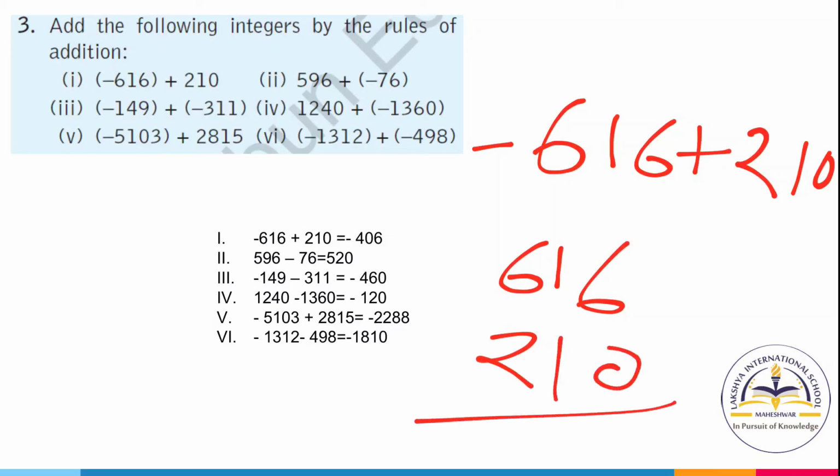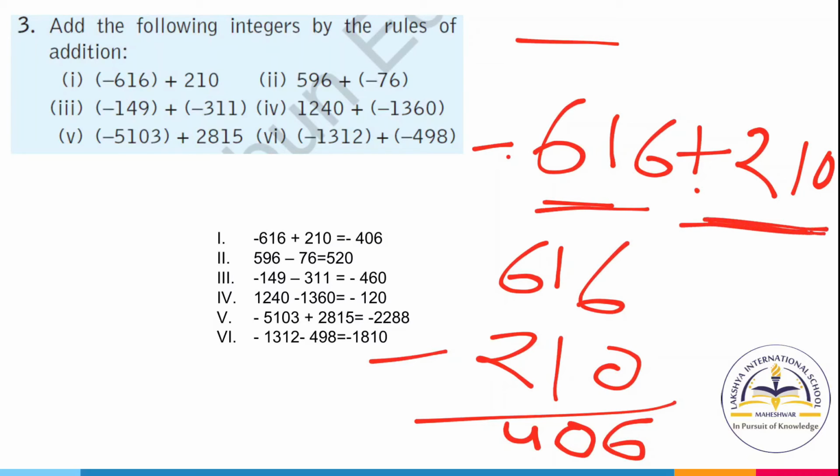Now minus plus minus. Okay, so when you solve this you will get 406. Now you can see which is the greater value in both the numbers, that is 616. So your answer will be minus 406. You have to take the sign of the greater value.